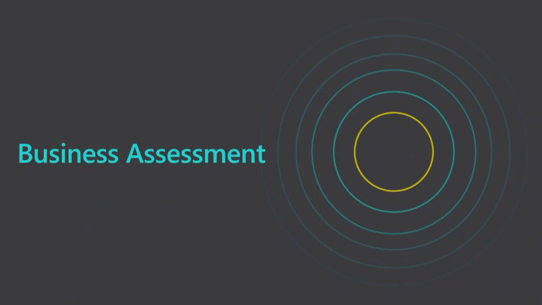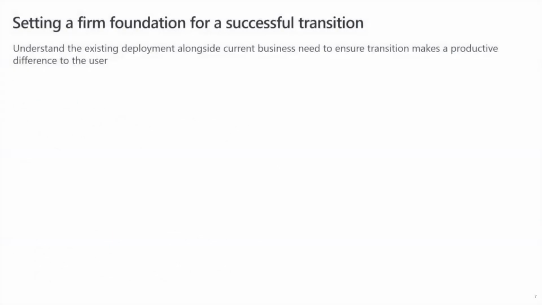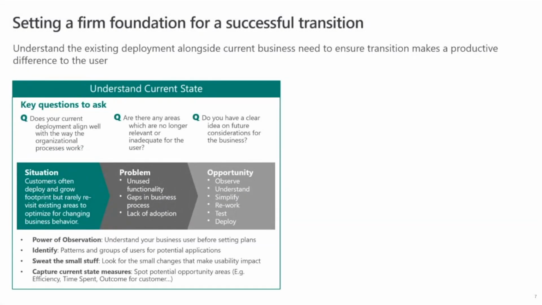First, the business assessment, which is really about setting a firm foundation for a successful transition and understanding your existing deployment alongside your current business needs, to ensure that the transition makes a productive difference to the user. It's really important that this is not an IT-driven project, but rather a business value-driven project.